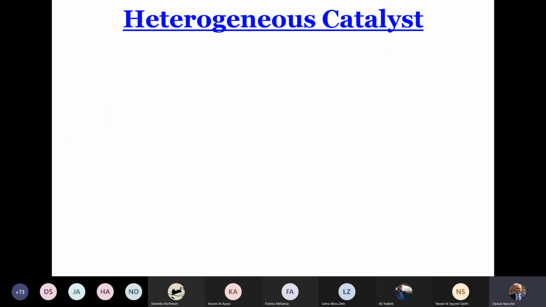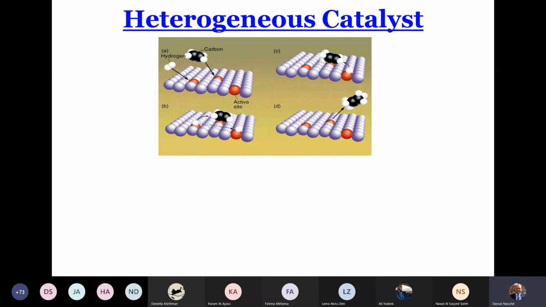The difference between the heterogeneous catalyst and the homogeneous catalyst, as we described previously, is the mode of action. The heterogeneous catalyst acts as host for two guests, which are the reactants. So the heterogeneous catalyst works on its surface.